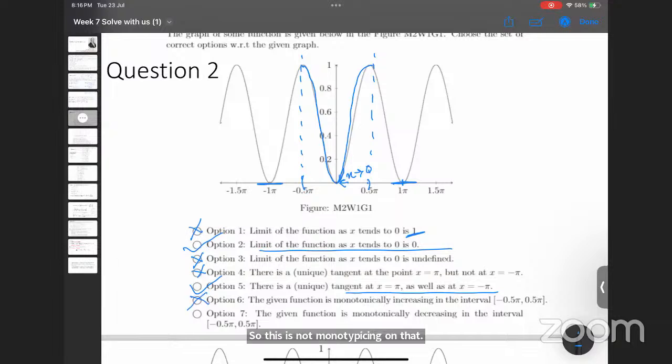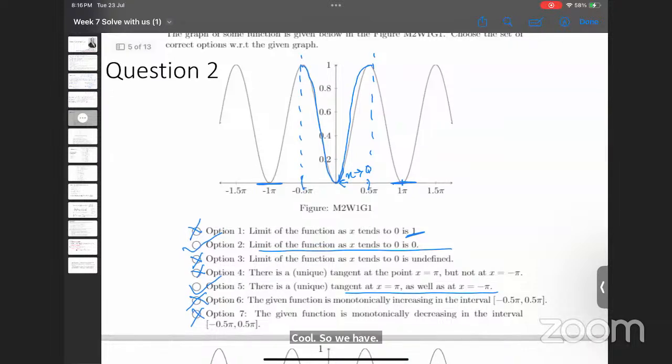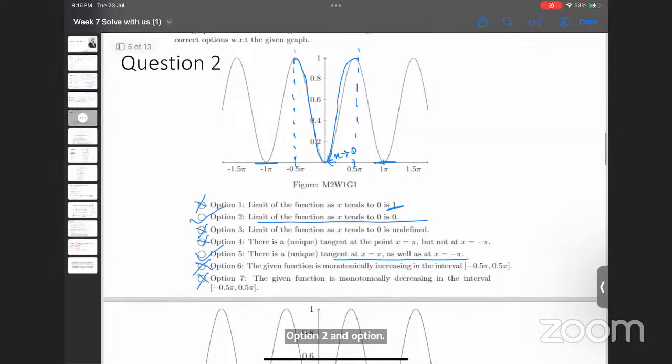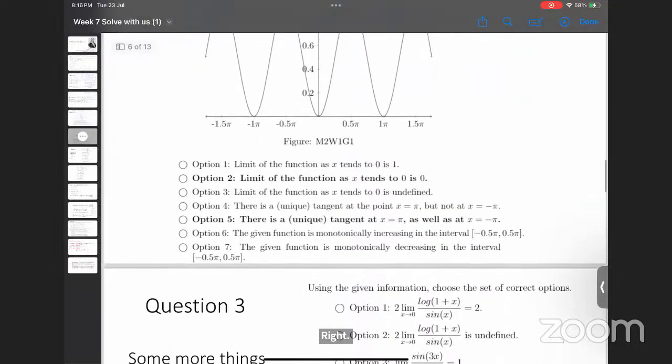So option 6 is again a wrong answer. So what is option 7? The given function is monotonically decreasing in the interval. Is it? No, ma'am, it's wrong. So this is again wrong. So we have option 2 and option 5 as our correct options. Okay.